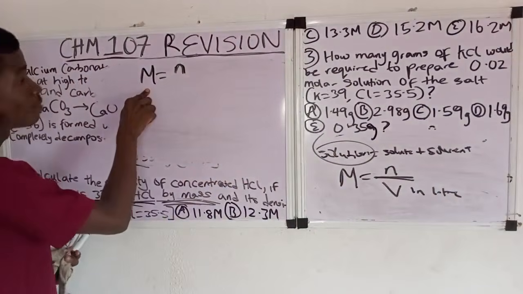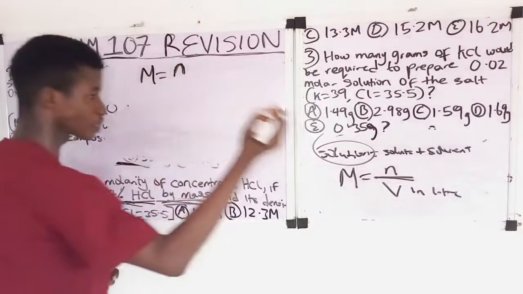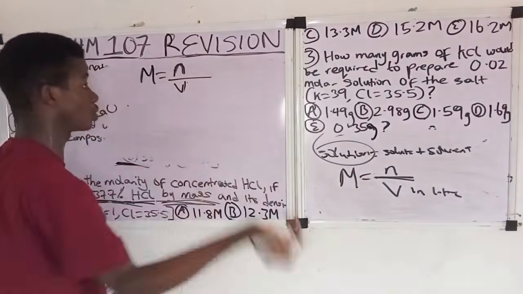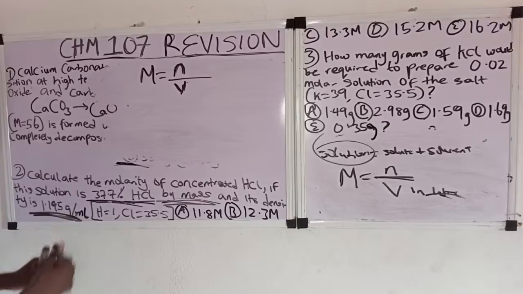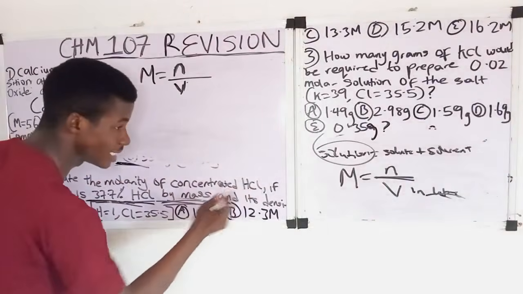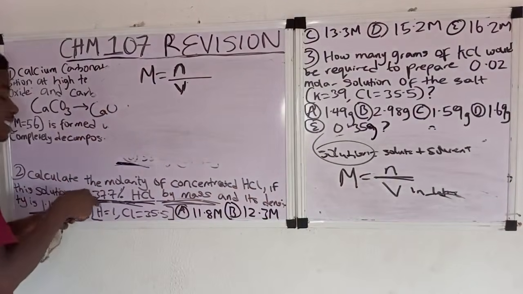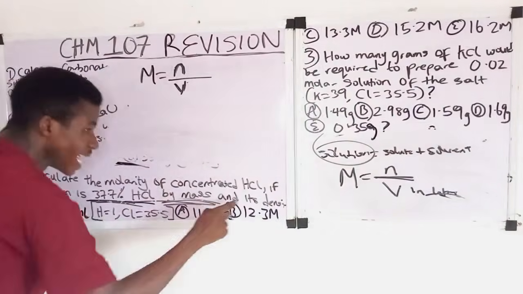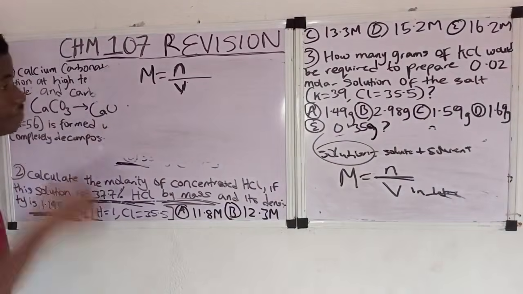The molarity of the solution is equal to the number of moles of the solute divided by the volume of the whole solution in liter. The volume must be in liter. Now let's go back to the question. They said calculate the molarity of concentrated HCl if this solution is 37.7% hydrochloric acid by mass and its density is 1.195 gram per mil.